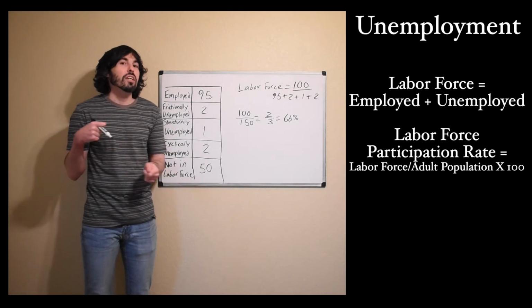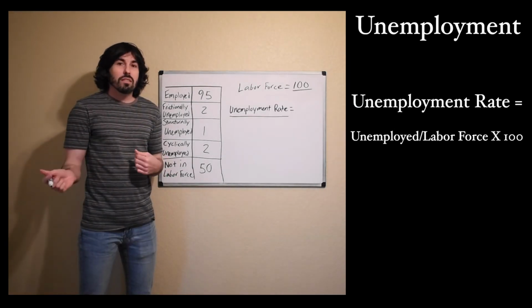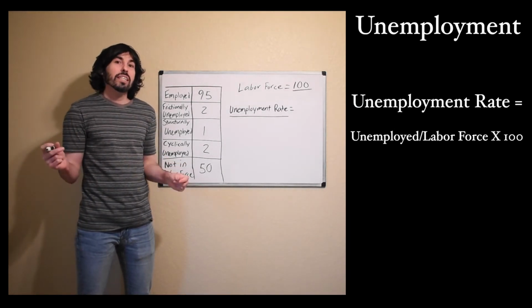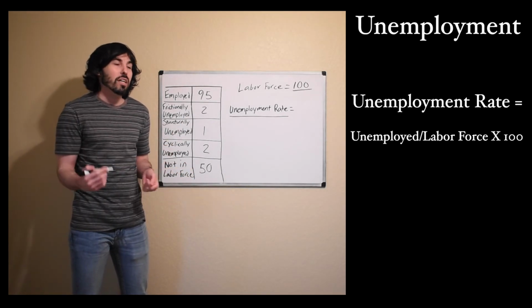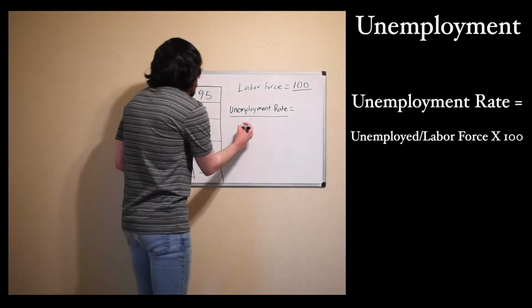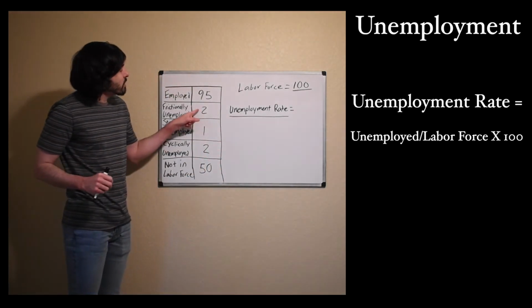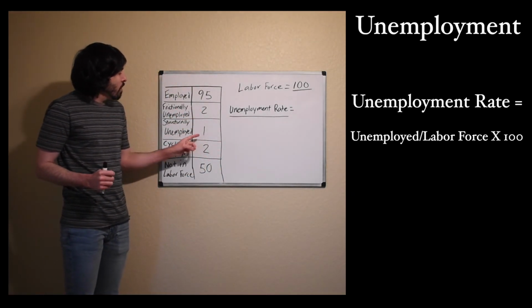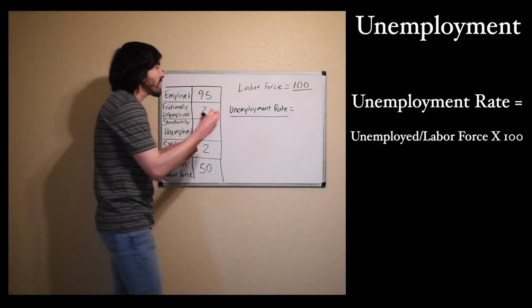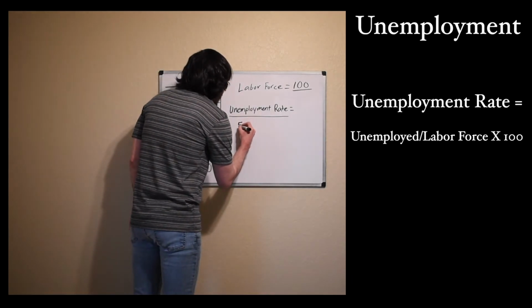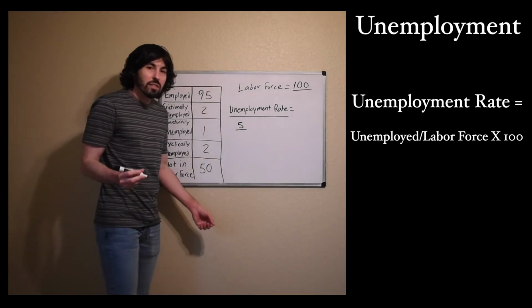Next, let's figure out what the unemployment rate is. To get the unemployment rate, we're going to take our number of unemployed people divided by our labor force times 100. For this, we're going to take our number of unemployed. We had 2 frictionally unemployed, 1 structurally unemployed, and 2 cyclically unemployed people. That's going to come out to 5 people that are actually unemployed and looking for work in this country.